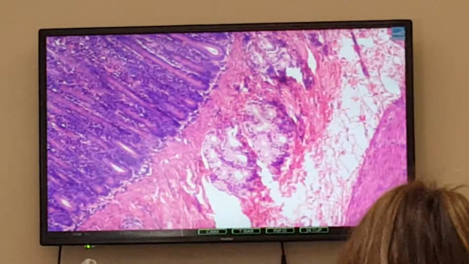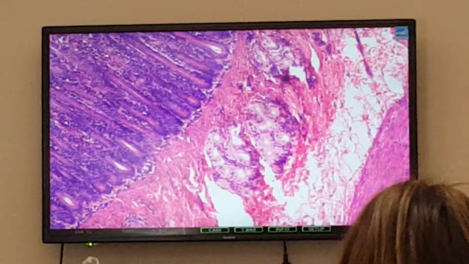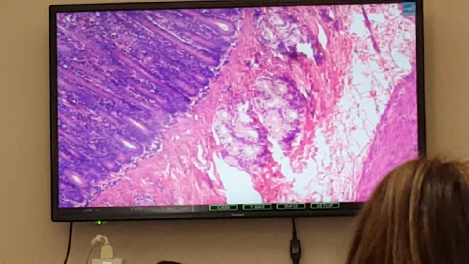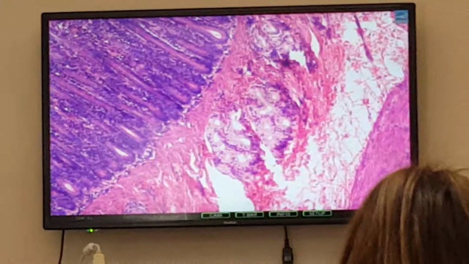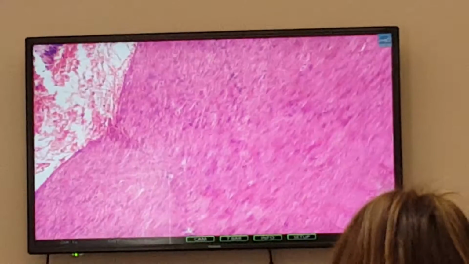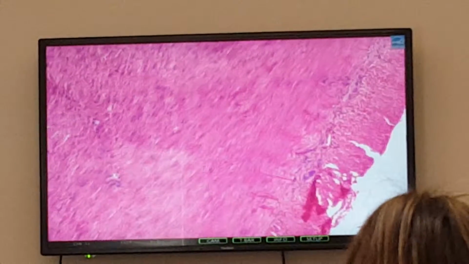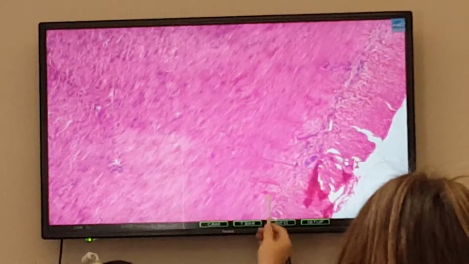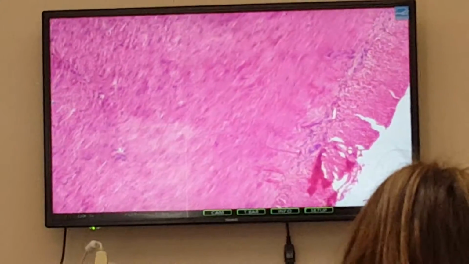Okay? Then I'm going to look down into the submucosa to find out what part. If I see Brunner's glands, it's finished. It's the duodenum. Okay? Now, if I go below that, this is all muscularis externa, with a circular layer, and this is the outer longitudinal part coming at you.